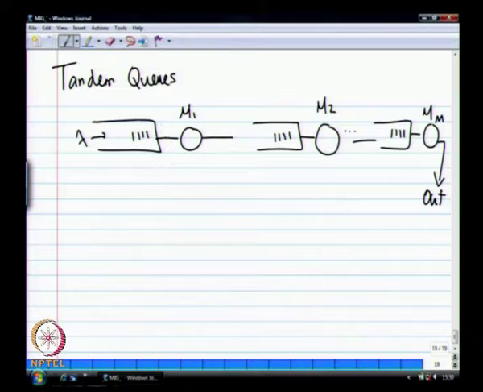A customer or packet arrives, gets serviced at the first queue with rate mu1, second mu2 and so on, and there is no other external input to the system, the only entry point is that lambda at the first queue, no cross queues.